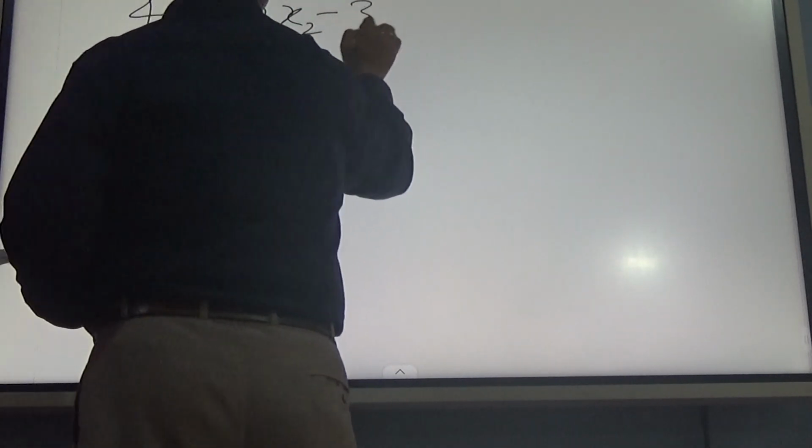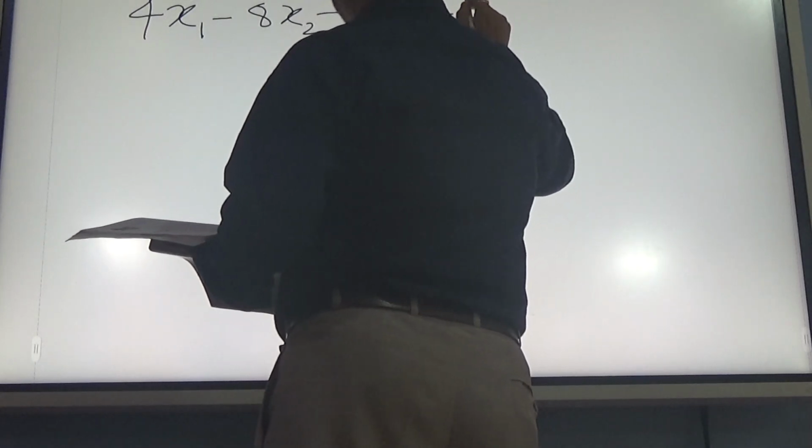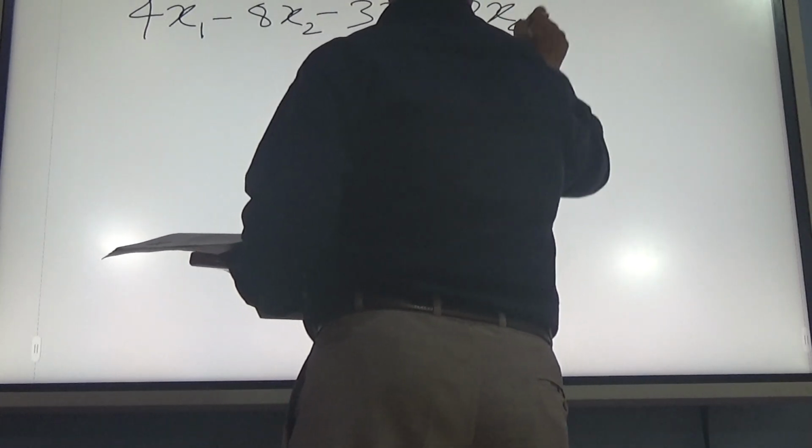So, 4x1 minus 8x2 minus... Sometimes when it is 4 variables, we don't go for w, we go for x1, x2, x3. That is some way we deal with it.